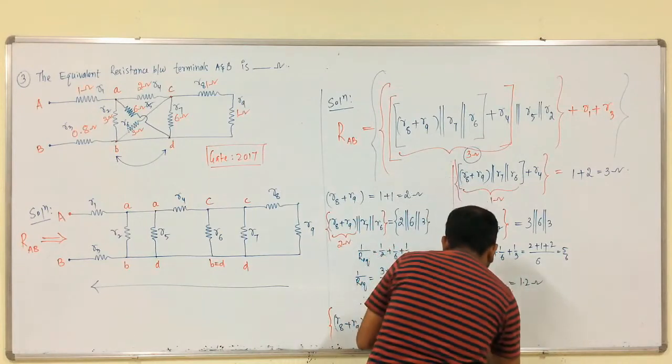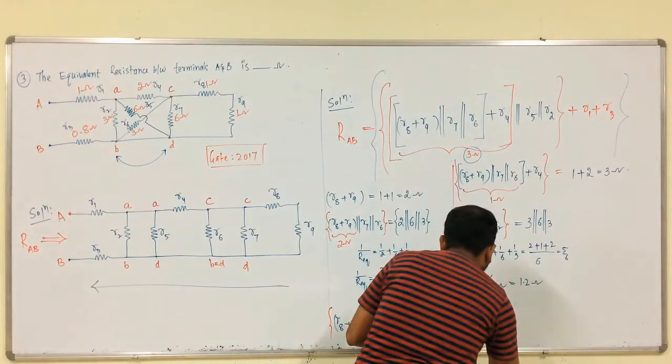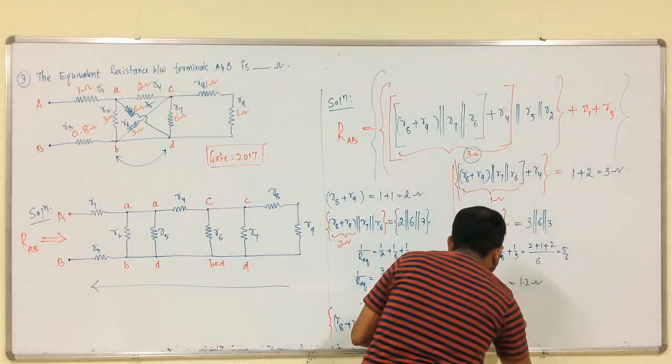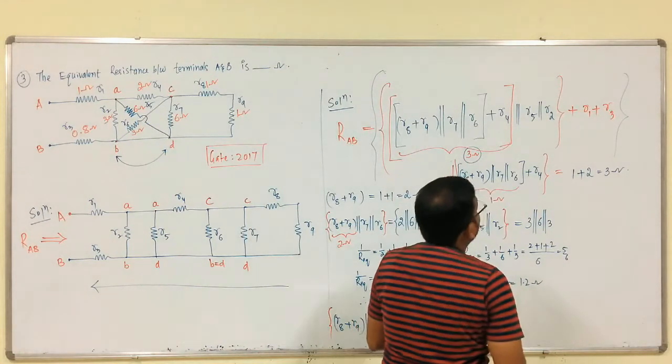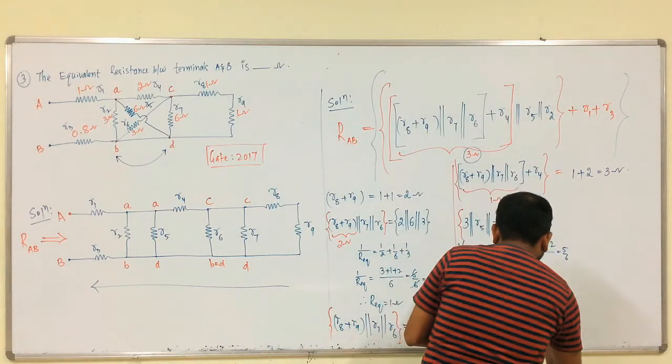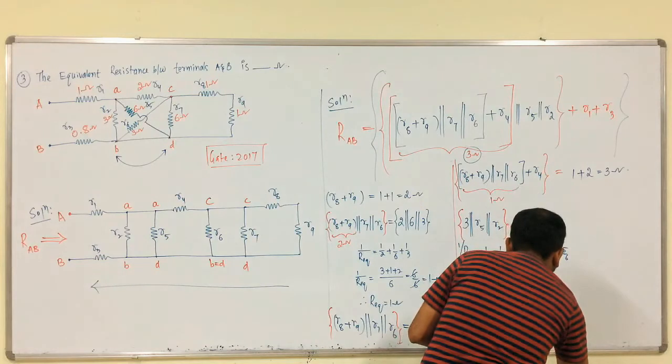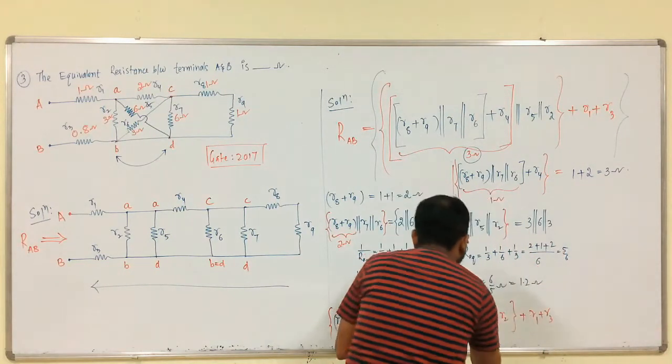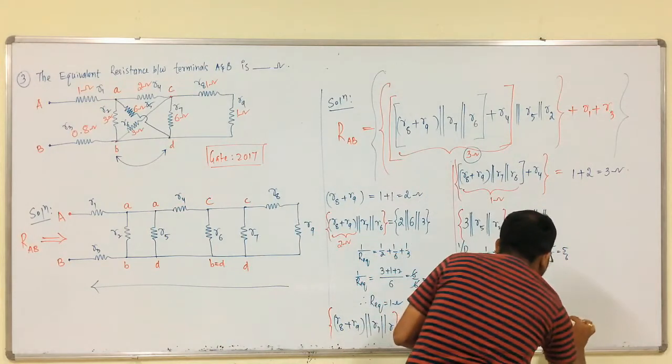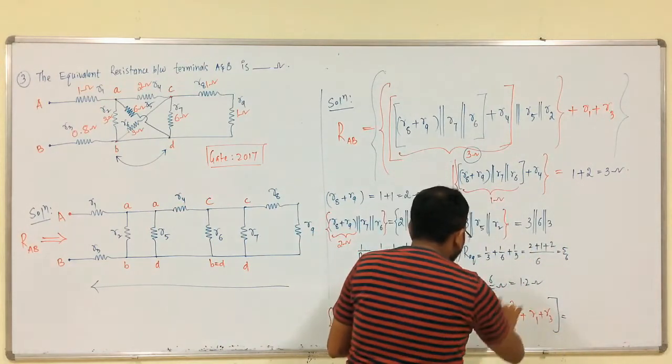Therefore, what we have got? 3 is parallel with R 5 is parallel with R 2, plus R 1 plus R 3. So, this is 1.2 ohms.